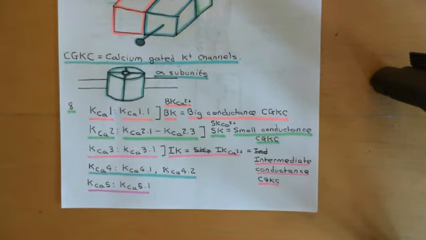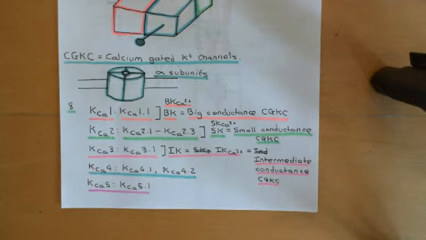We now have discussed KCA1. We've discussed that KCA1 contains this one gene, KCA1.1, which codes for the alpha subunit of a calcium-gated potassium channel. You can tetramerize 4 of these identical KCA1.1 alpha subunits together to make a big conductance calcium-gated potassium channel.